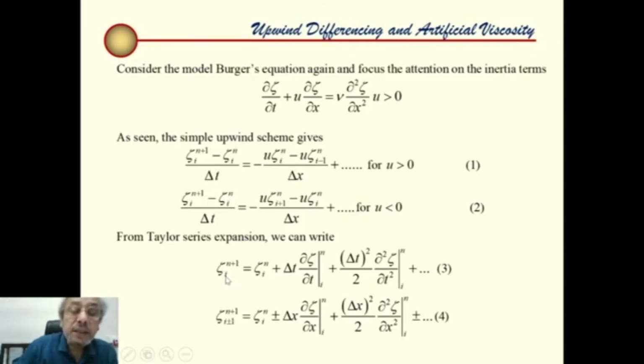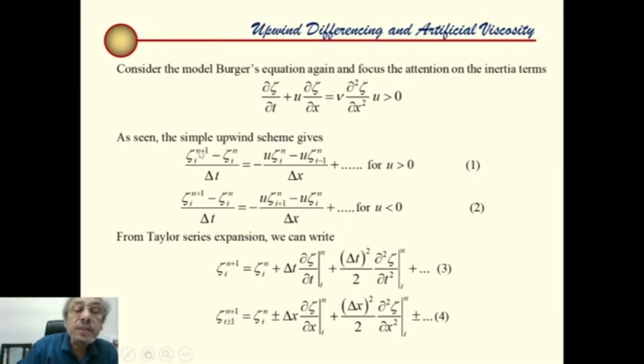That means ζ_i^{n+1} = ζ_i^n + Δt ∂ζ/∂t + (Δt²/2) ∂²ζ/∂t², etc. Similarly, in the spatial domain, ζ_{i±1} is ζ_i ± Δx ∂ζ/∂x + (Δx²/2) ∂²ζ/∂x² ± (Δx³/3!) ∂³ζ/∂x³, etc. Now we will try to substitute in this expression.